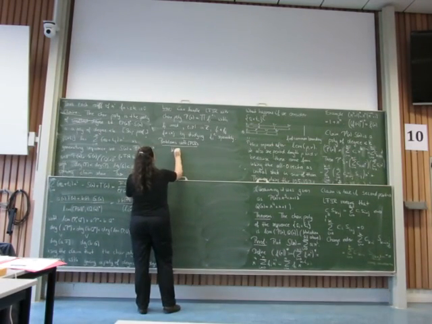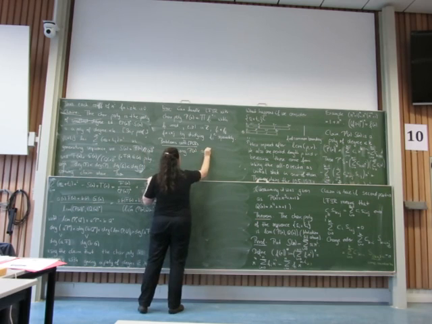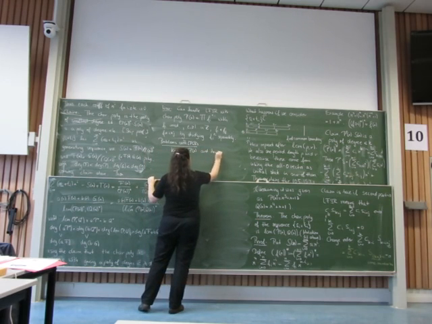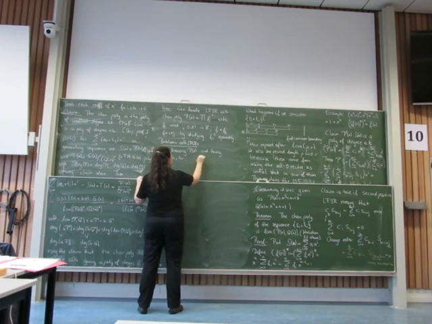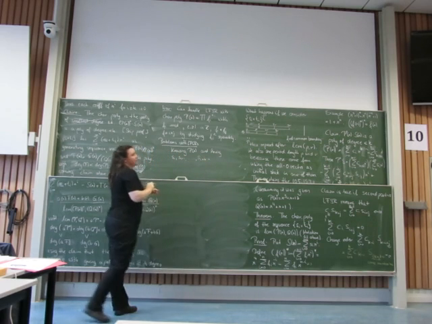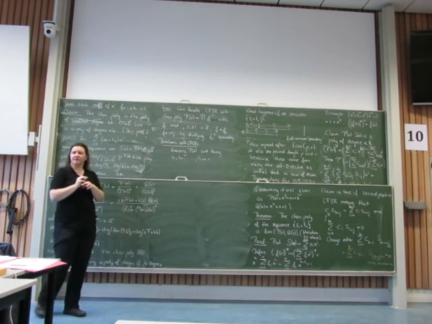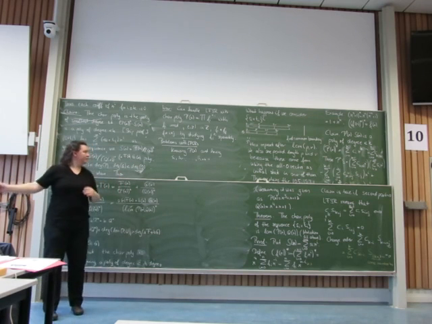So, knowing the polynomial p of x and having s_{i+1} to s_{i+k-1}, so we have some subset of the sequence, we can go arbitrarily backwards and forwards.